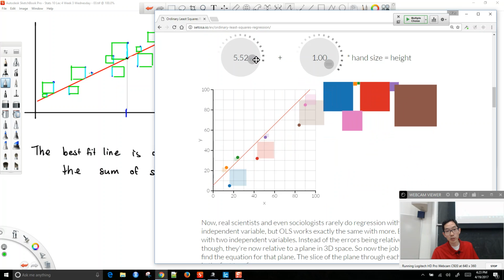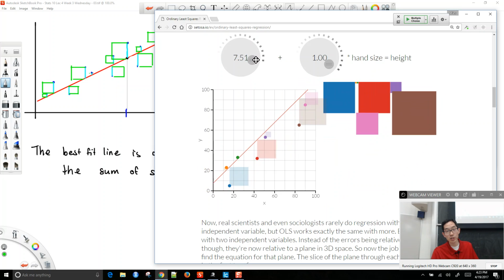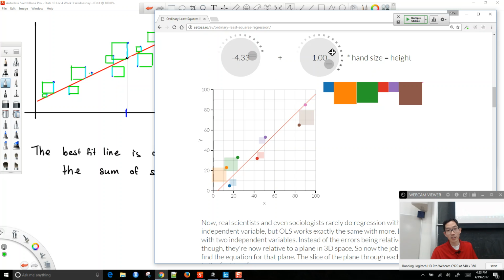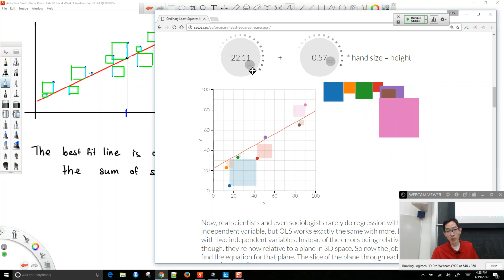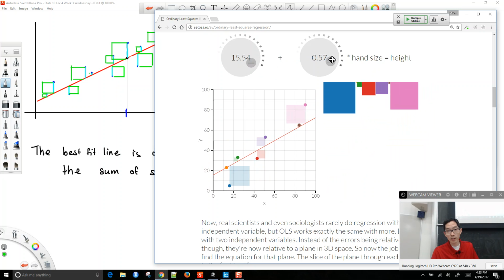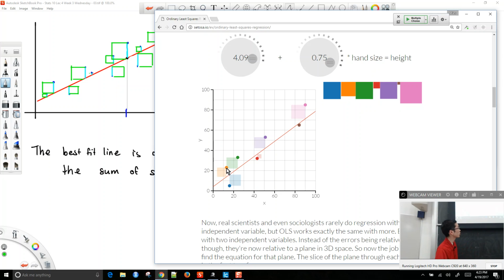I can also adjust the slope here, and we can ask: can I find the combination of slope and intercept that minimizes the total sum of squares? That's what we're trying to do: find the combination of intercept and slope that minimizes the sum of squared residuals. You can play around with it on this website.